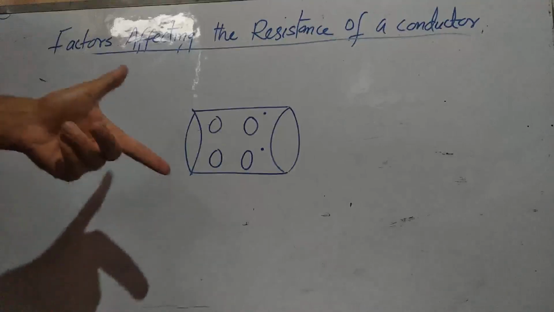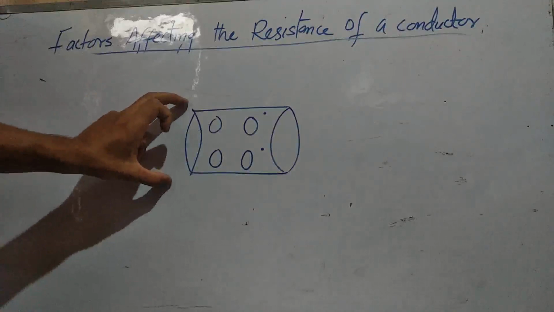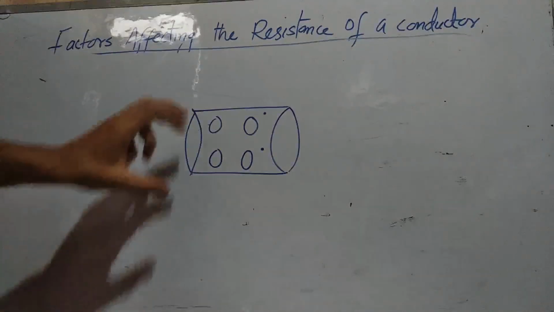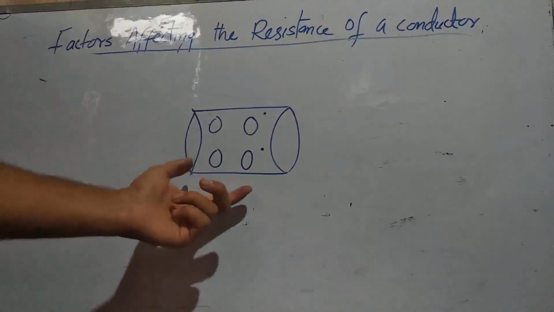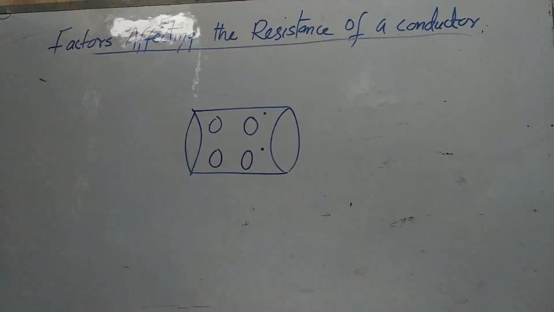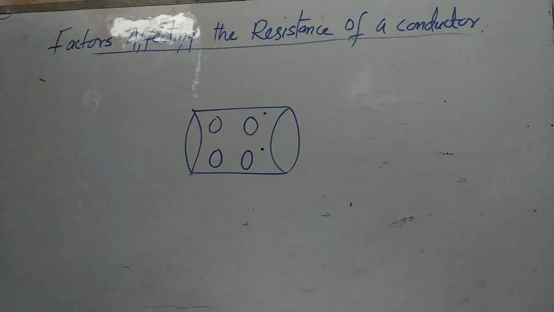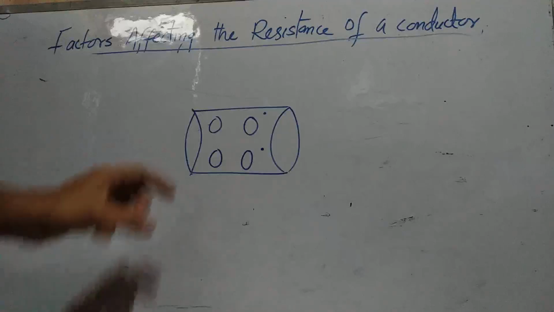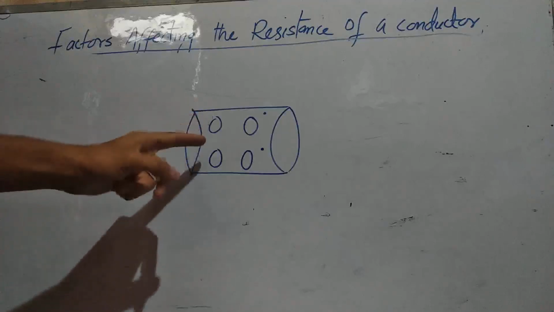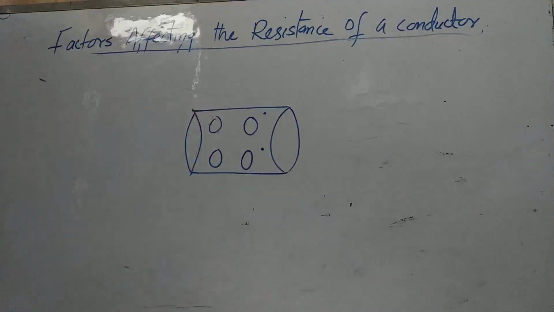For example, we have a conductor. So this is the conductor, and we know that every material is made up of atoms. All materials are made of atoms, and there is a specific arrangement of these atoms.